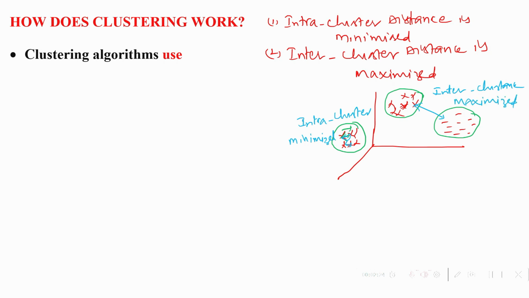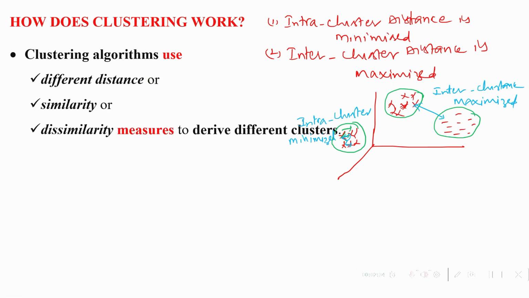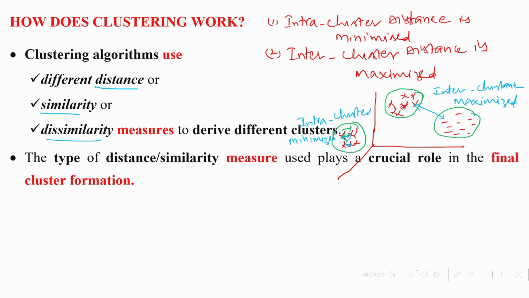Okay, so like that we are going to create the different clusters. Clustering algorithms use different distance, similarity or dissimilarity measures to derive the different clusters. To construct a clustering algorithm, you can use either distance or similarity or dissimilarity measures.